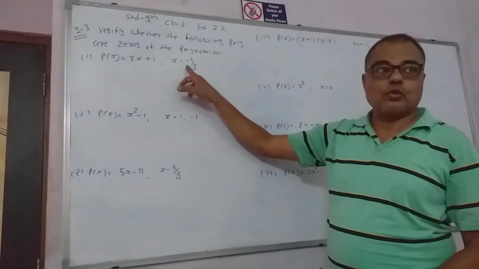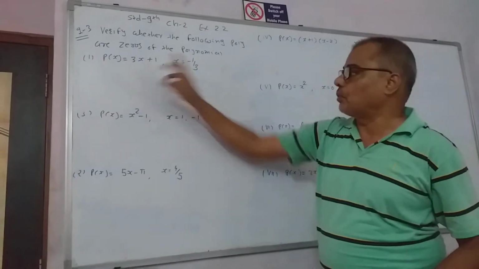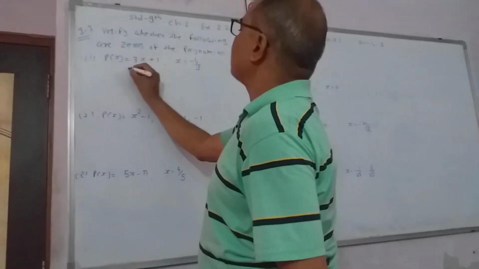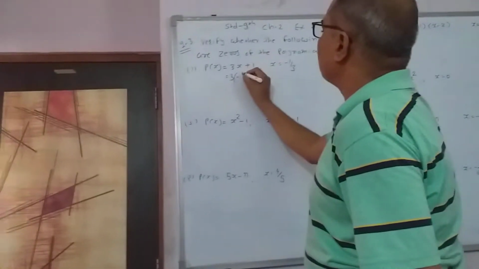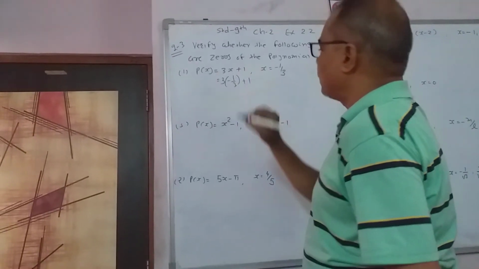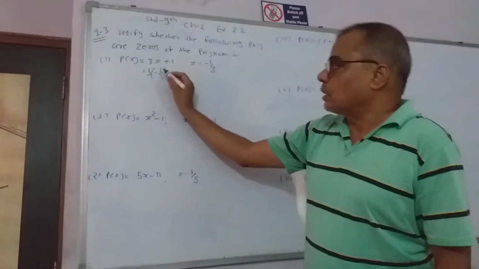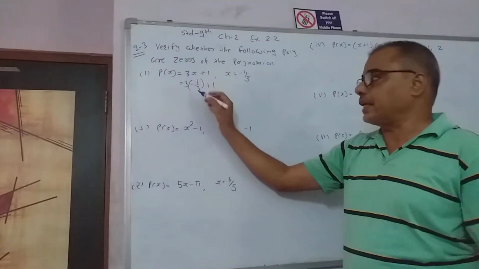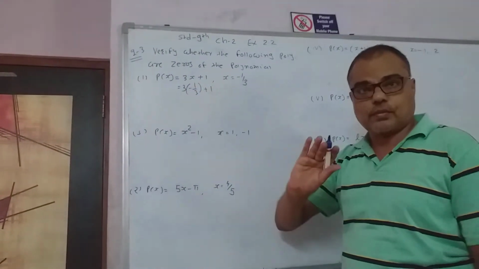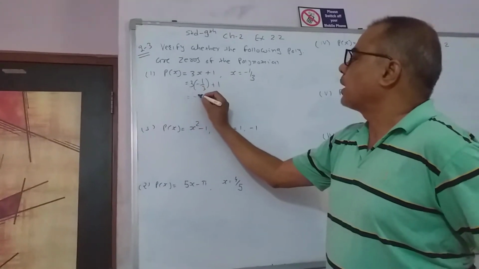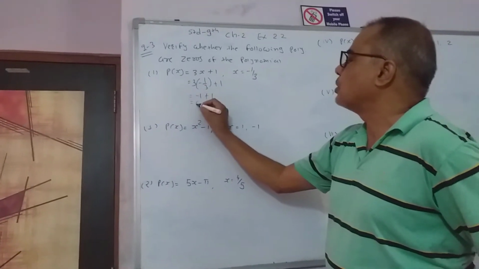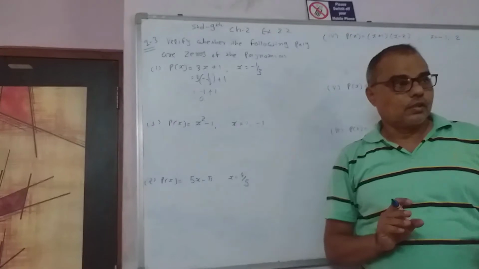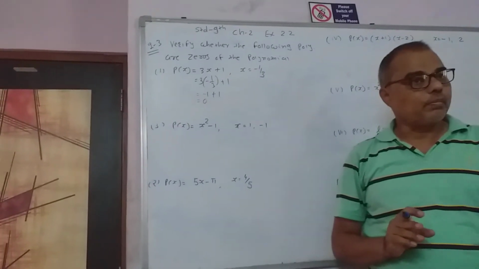So I am going to put the value of x in the polynomial first. So x is equal to minus 1 upon 3, right? So this is the relation of multiplication. So 3 will be cancelled. So here minus 1 plus 1, it will be 0. The answer is 0, means it is the zero of the polynomial.